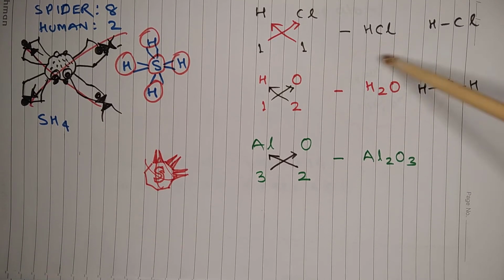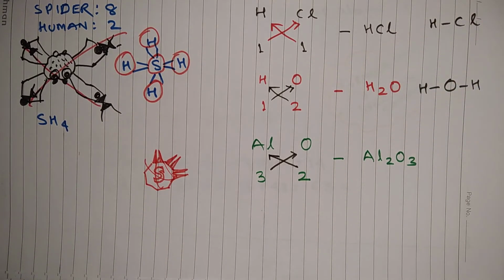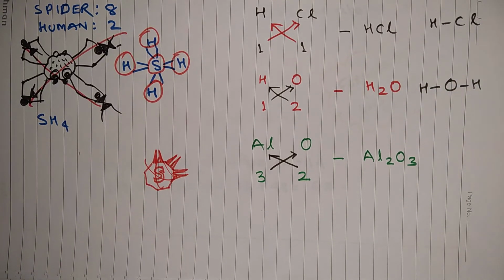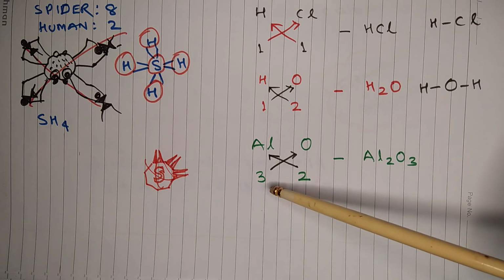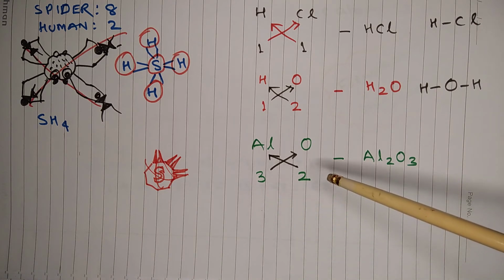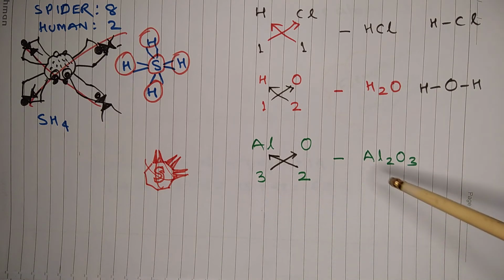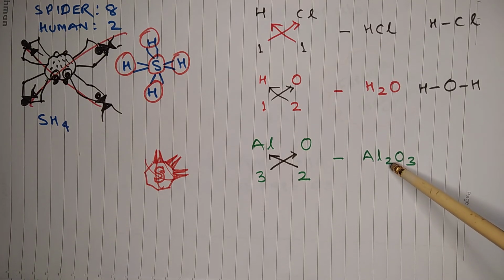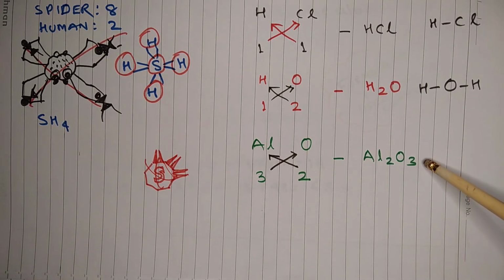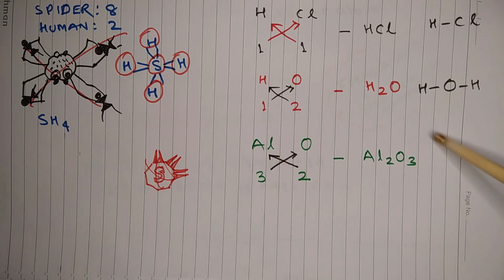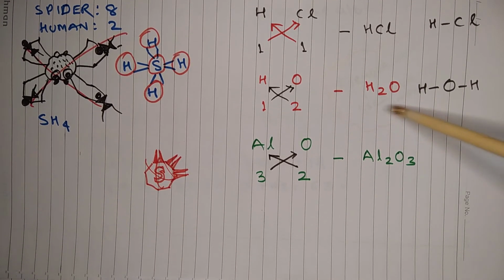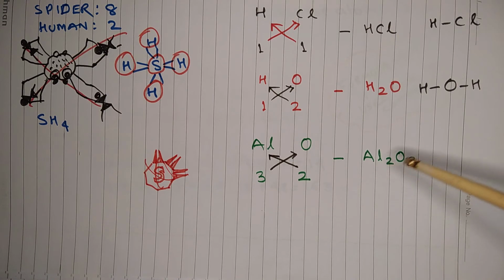So the formula will be H2O. For aluminium oxide, the valency of aluminium is 3 and valency of oxygen is 2. So now the valency of oxygen is written next to aluminium and valency of aluminium is written next to oxygen. So the formula for aluminium oxide is Al2O3.